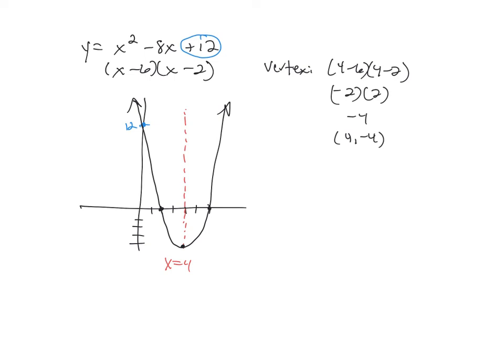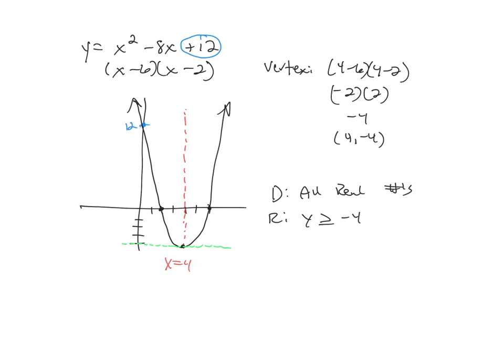So you don't have to do the 12 thing, but I think intercept form is a lot easier, but you have to be able to recognize that I can factor that. So the domain is all real numbers. The range is y is greater than or equal to negative 4. If you look at that bottom part, it's across from negative 4.